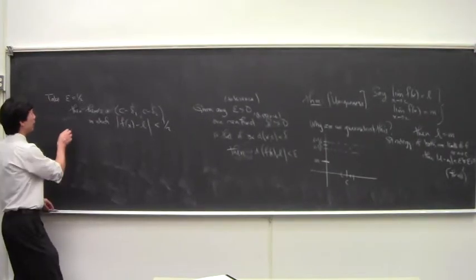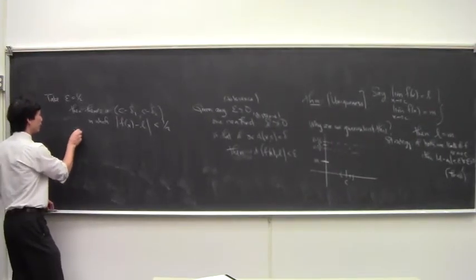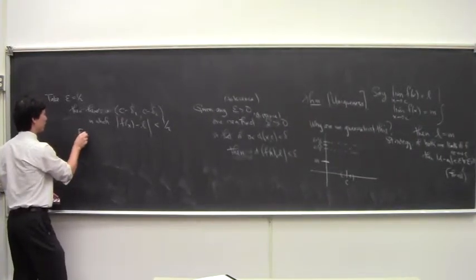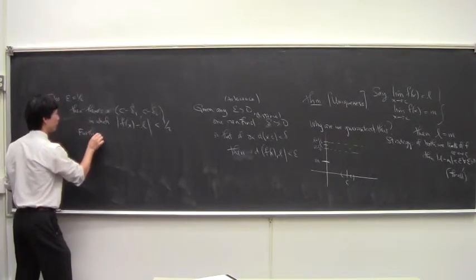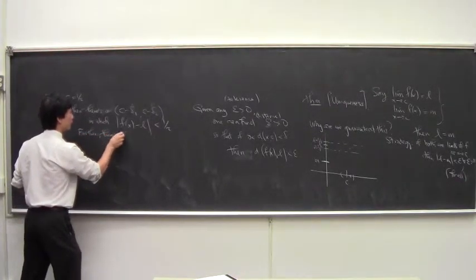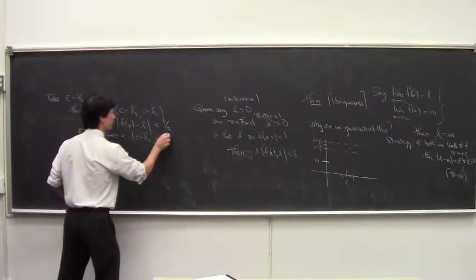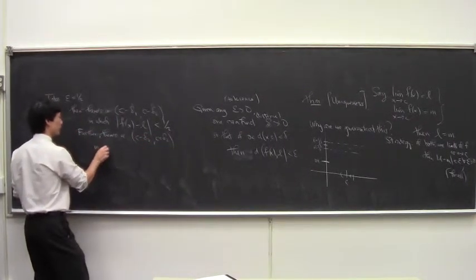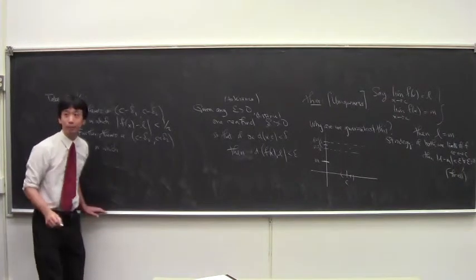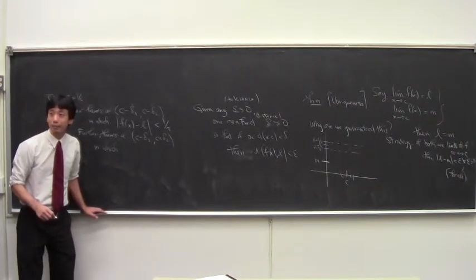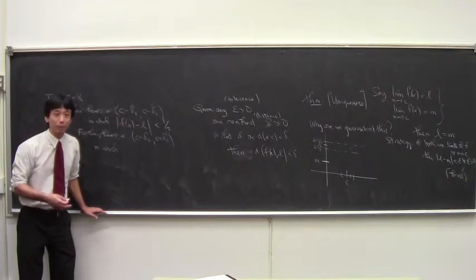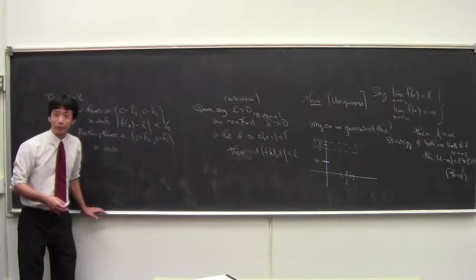Now, further, there's an interval c minus delta 2, c plus delta 2, in which, what am I going to say? Does anyone see what I'm going to say?